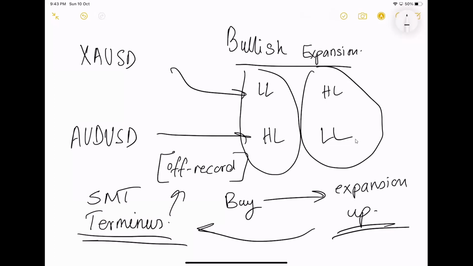With knowing the SMT terminus, you know exactly from the point in which the SMT occurred where price is going to expand to, and after that you will know when the retracement will occur, when the reversal will occur, when there will be an inducement, and when there won't be an inducement. That's all taught inside of SMT terminus.